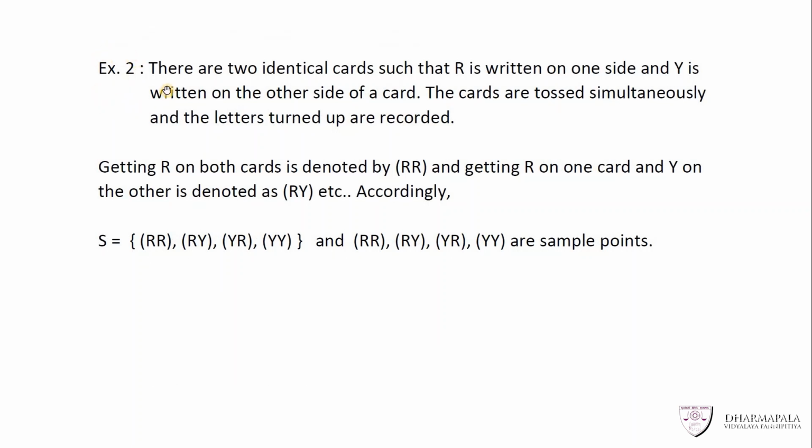Here is another example. There are two identical cards such that capital R is written on one side and capital Y is written on the other side of a card. The cards are tossed simultaneously and the letters that turn up are recorded. It is clear we can repeat this experiment over and over again under the same conditions.